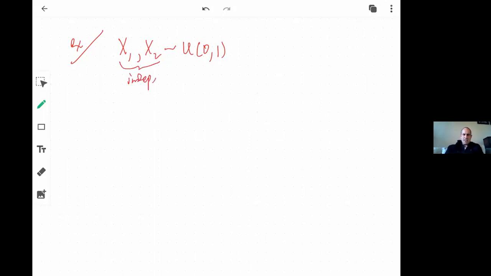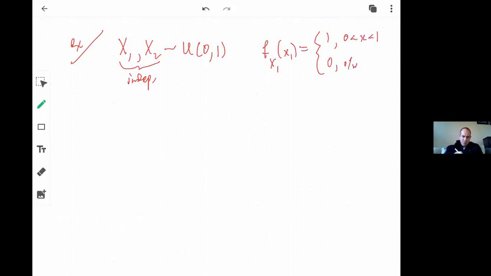Well, if these things are independent, you know what their individual marginals are, right? So f sub x1 of little x1 is equal to what? Well, it's just 1 if 0 is less than x1 is less than 1, and 0 otherwise.